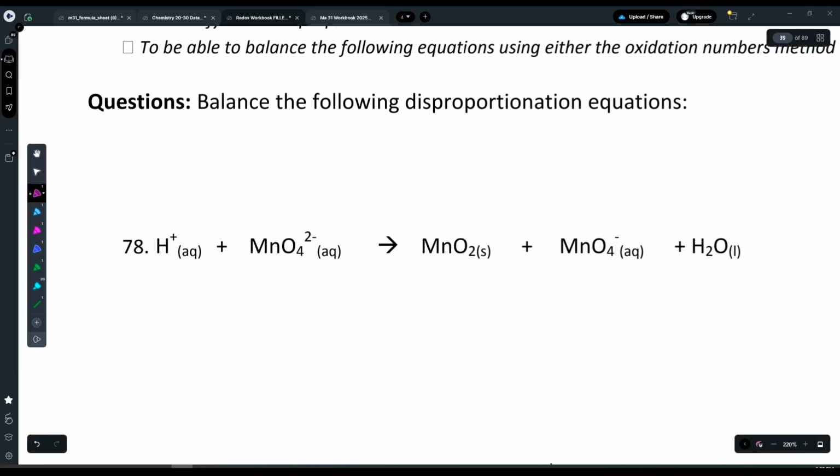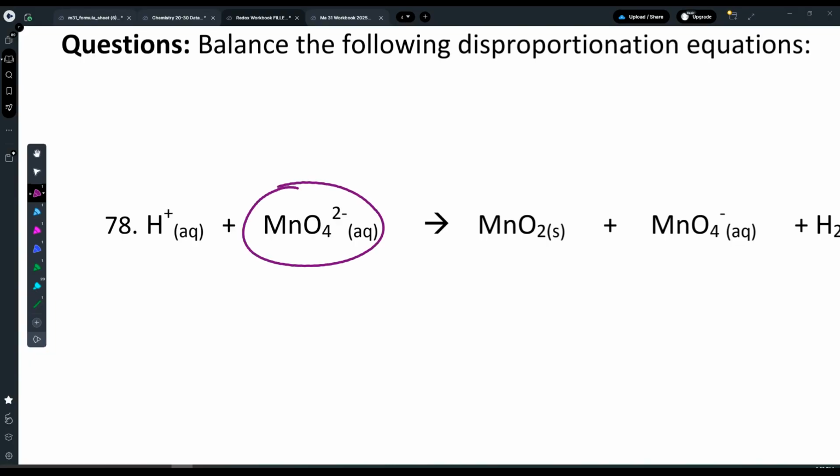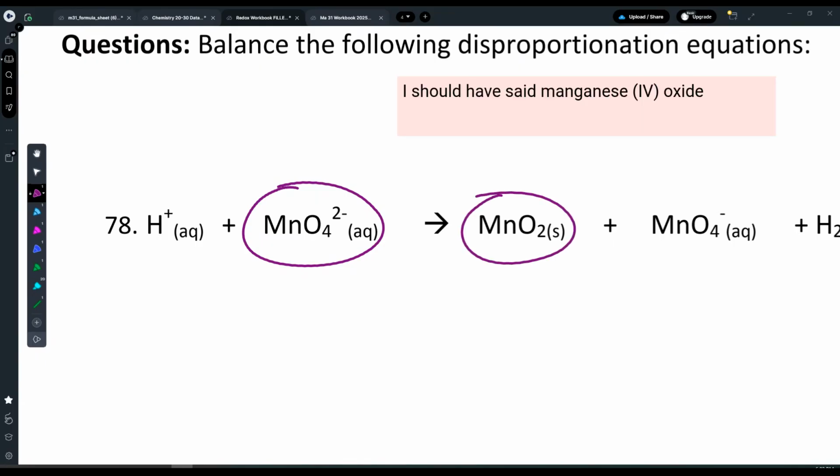Okay, so I'm going to ignore hydrogen or hydrogen ions and water, and just pick out what looks similar. Keep in mind for each half reaction, I'm only selecting two things, one on the reactant side and one on the product side that looks similar. So for this reaction, I'm going to select the manganate ion, not to be confused with the permanganate ion, and this manganese oxide.